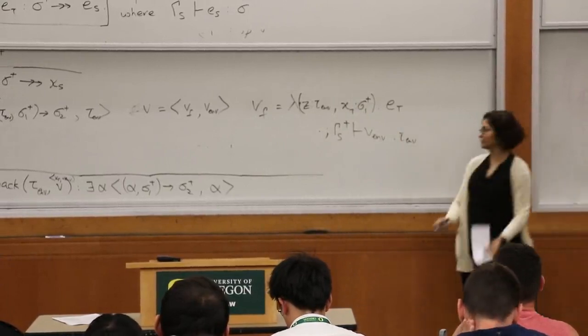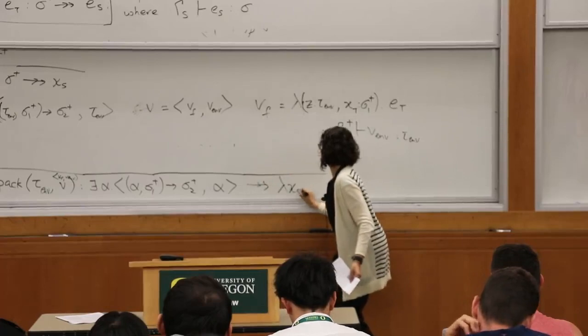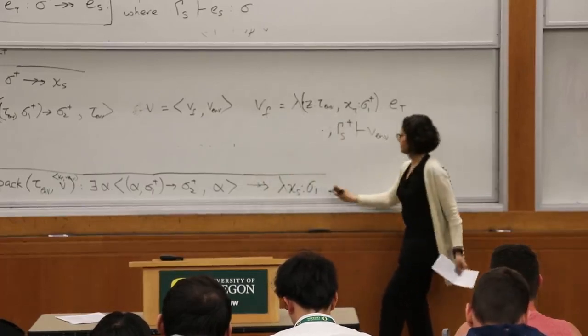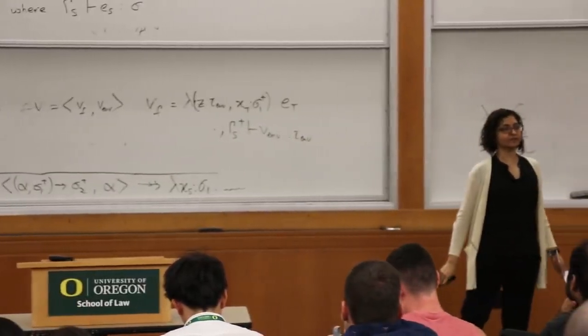So I'm just going to start things off and say that when I back translate, I think I'm going to want to produce a lambda xs that takes a sigma 1 as input. And then I don't quite know what to put there yet. I don't know what the body of the function is.